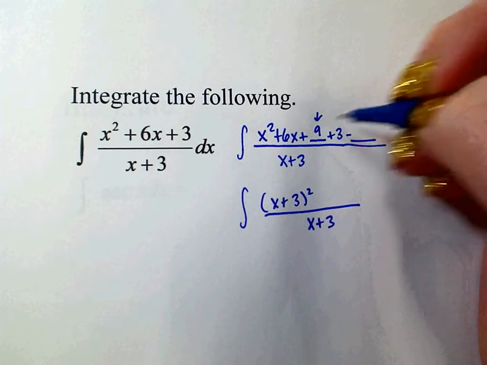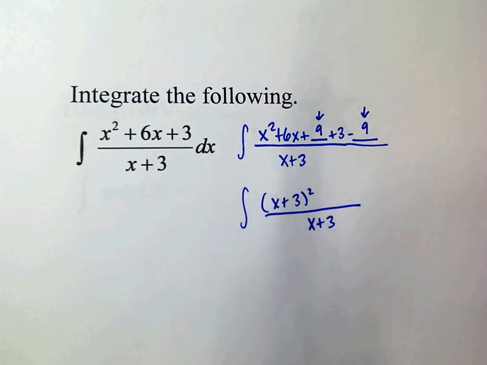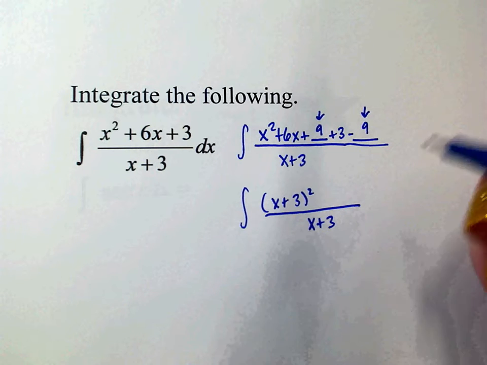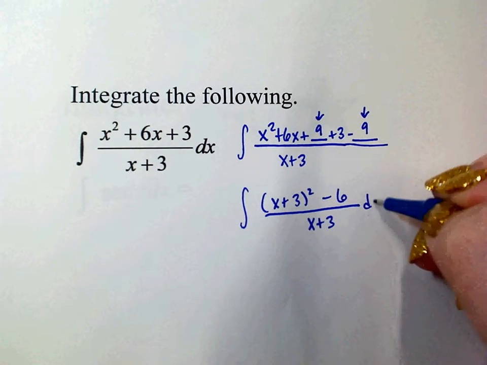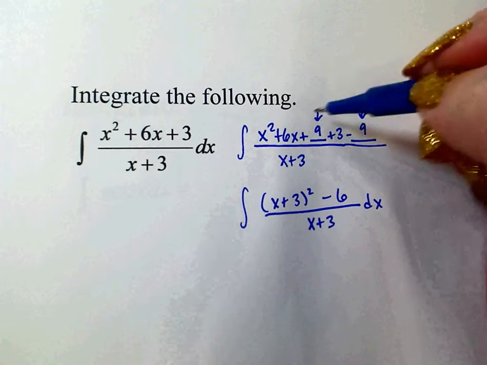What am I doing? So I moved the 3 over, and I said, okay, if I cut 6 in half, I get 3.